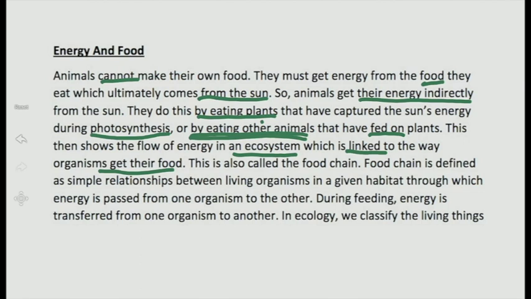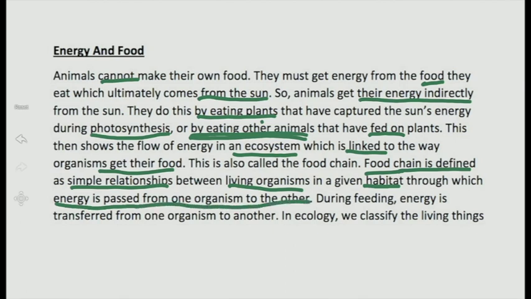A food chain is defined as a simple relationship between living organisms in a given habitat through which energy is passed from one organism to the other.